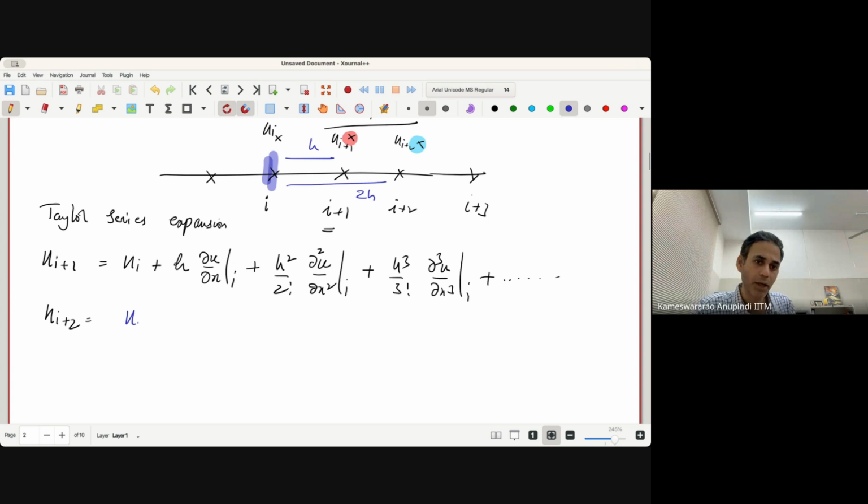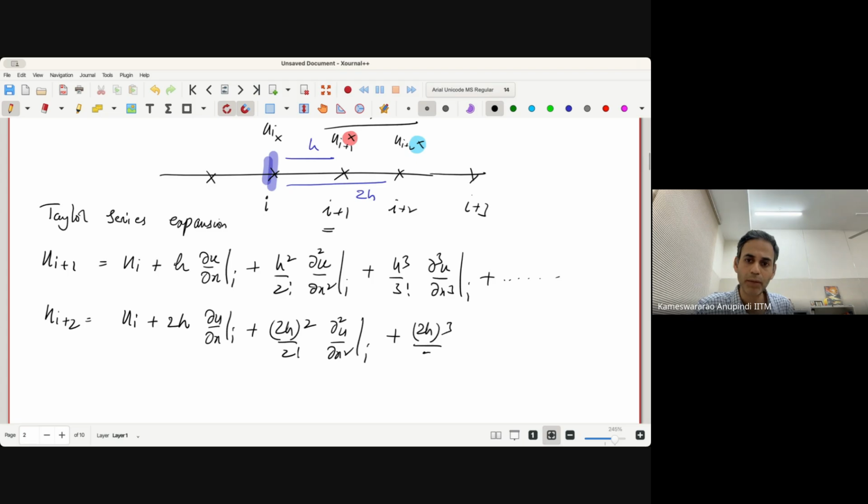So that's going to be ui plus 2h times partial u by partial x at i, plus 2h square by 2 factorial partial square u by partial x square at i, plus 2h cube by 3 factorial partial cube u by partial x cube at i, and so on.